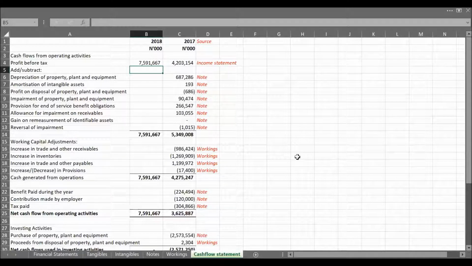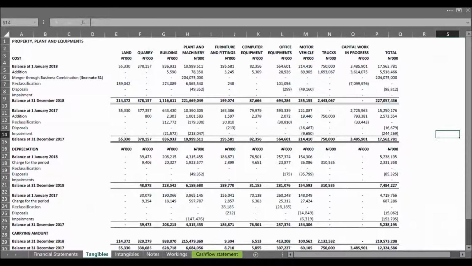Okay. So one source to get this information is your fixed asset movement schedule, which is a necessary disclosure in your financial statement. I have it extracted from the tangibles. So these are all the fixed assets for the particular company, and I want to adjust for the depreciation charge. So I'll come under the depreciation.